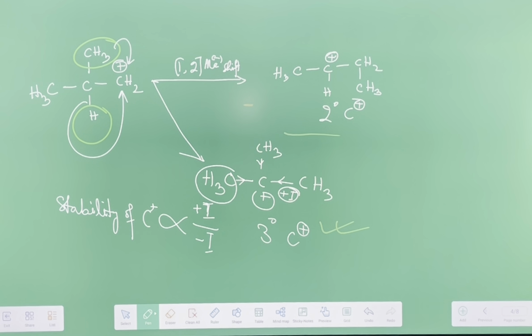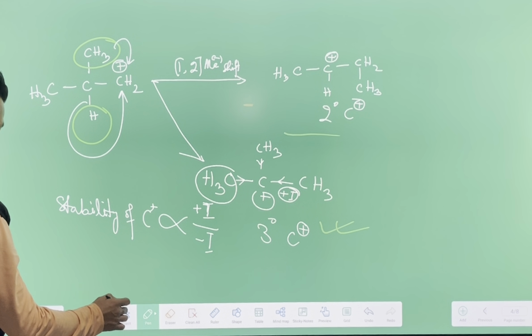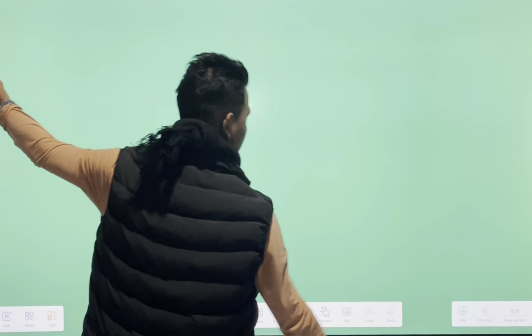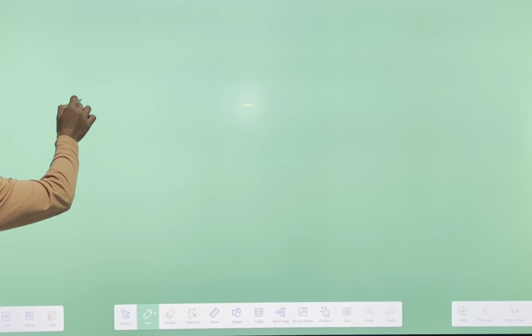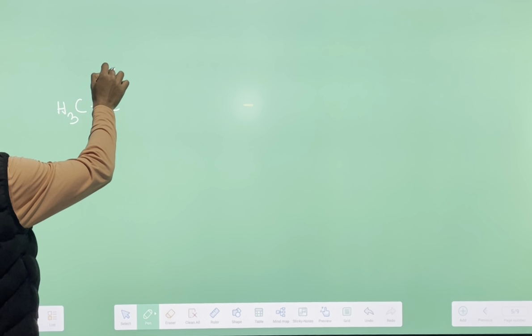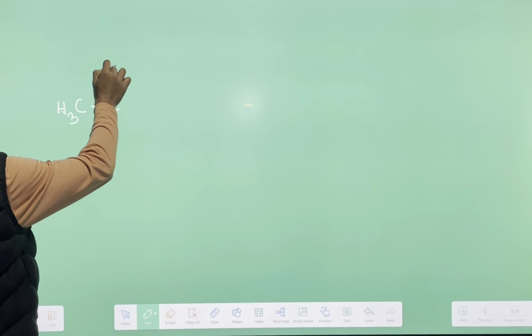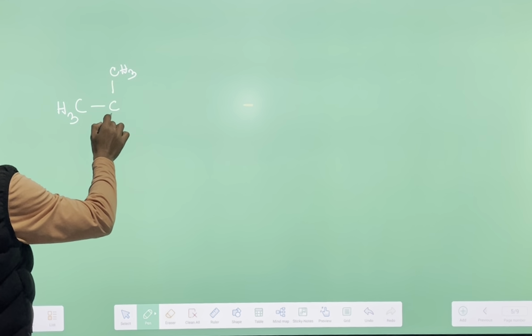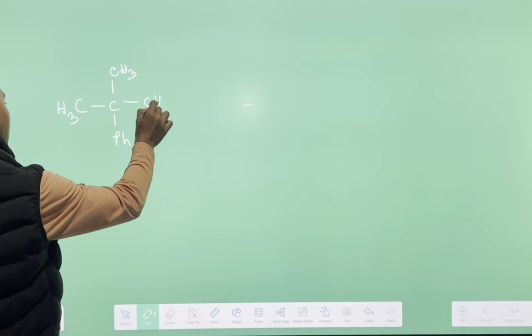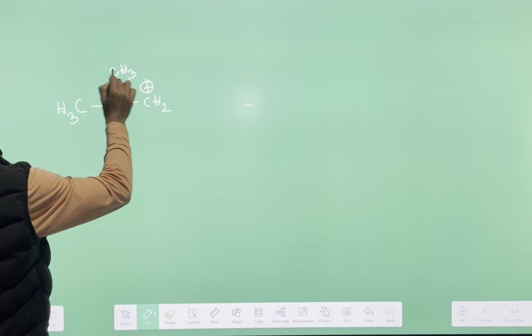Let's take an example. CH3, C, CH3, phenyl group, and CH2 carbocation.